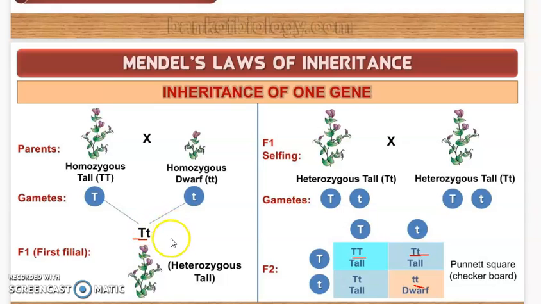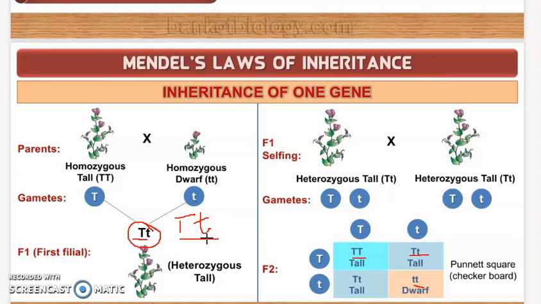So when this was found, he proposed that in a pair of dissimilar factors, it has capital T and small t, right? They are not capital T capital T, or small t small t. Instead, they have a pair of dissimilar factors, which are dissimilar genes.